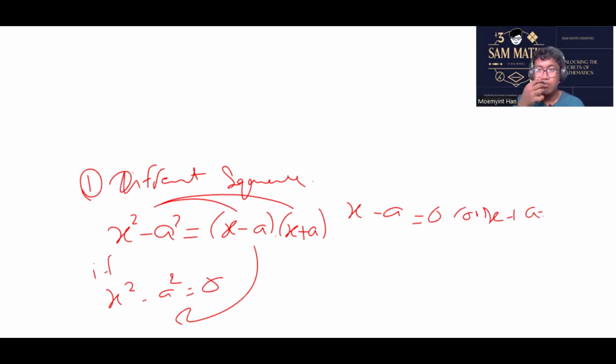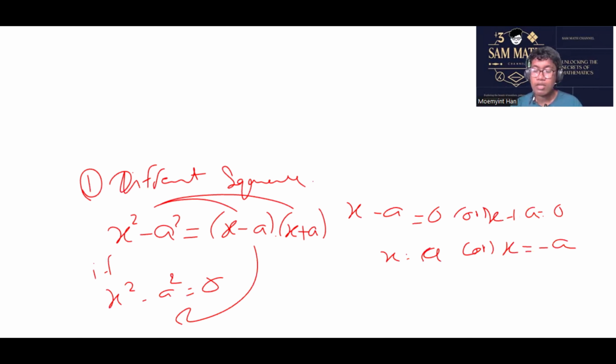So the answer would be a equal to b, or a equal to minus b. Difference of squares is quite easy.